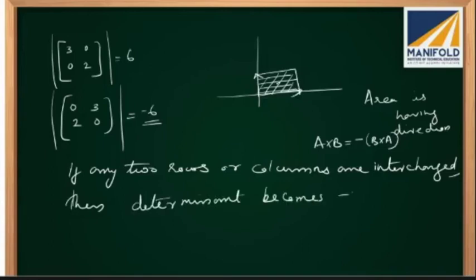If the initial determinant was delta, if you interchange two rows or two columns, the determinant becomes minus delta. Okay, right.